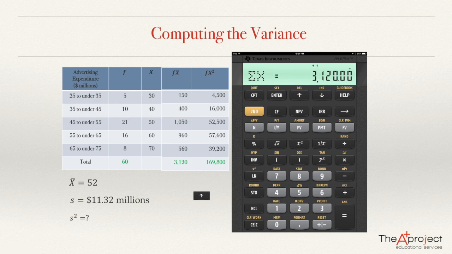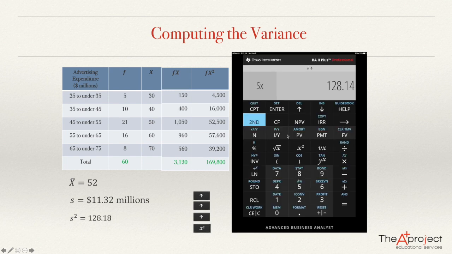Then I continue scrolling up, and I see the previous result, that was the population standard deviation. But I need the sample standard deviation. I continue scrolling up until I get the standard deviation. After I get the standard deviation, I just press the key x squared. If I do that, I get the answer 128.14. That was the variance.